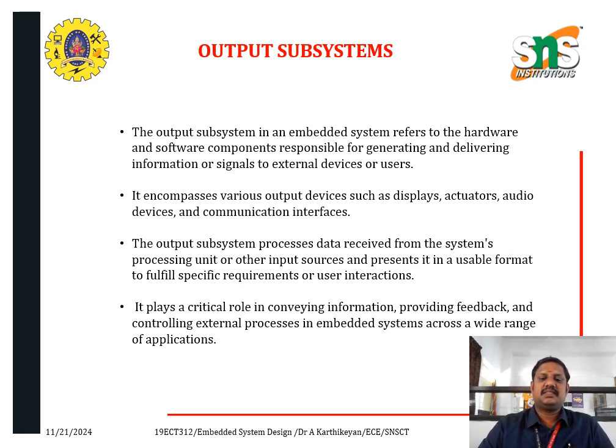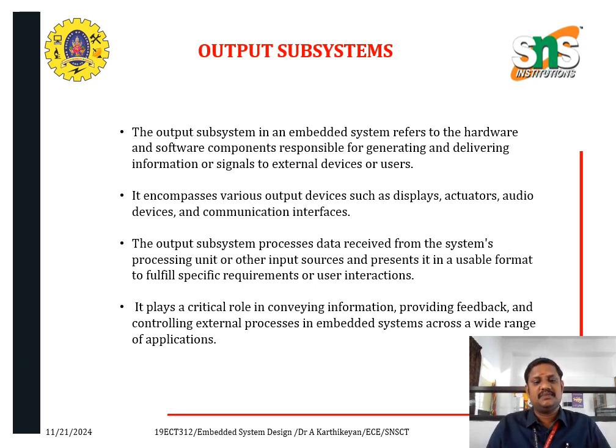Various output devices such as displays, actuators, audio devices, and communication interfaces can be used as a subsystem. The data received in the subsystem is processed by the processing unit and interrupt processor into a usable format, fulfilling the specific requirements of user interactions.